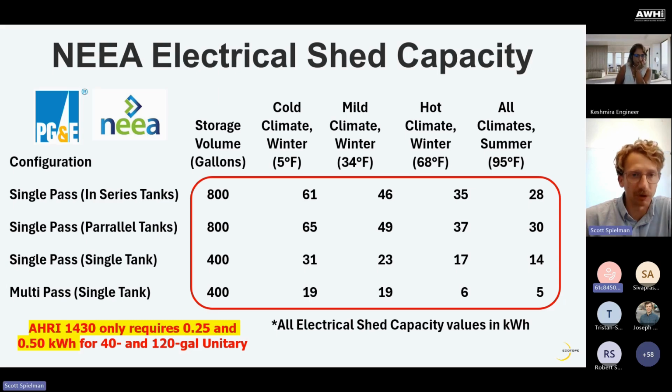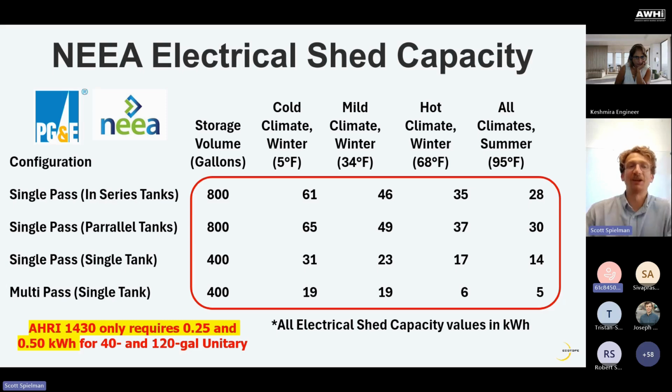I believe there's also a very cold, but we're using the cold for both of those. So for cold climate and very cold, we'll use the 5 degrees COP, and the thermal shift capacity divided by that COP is our electrical shed capacity.